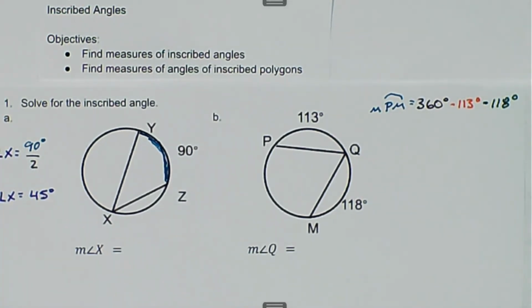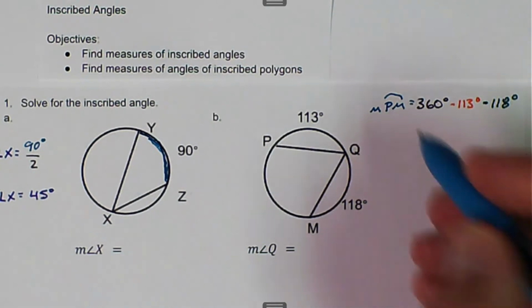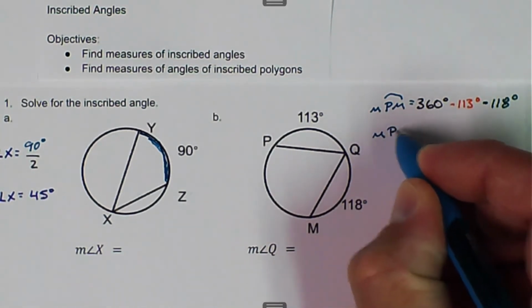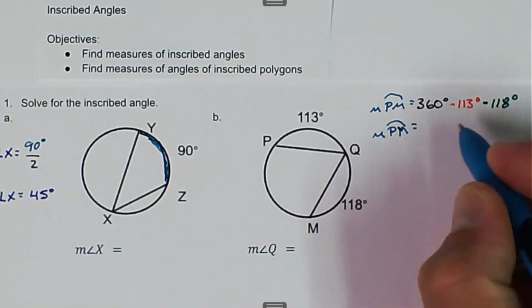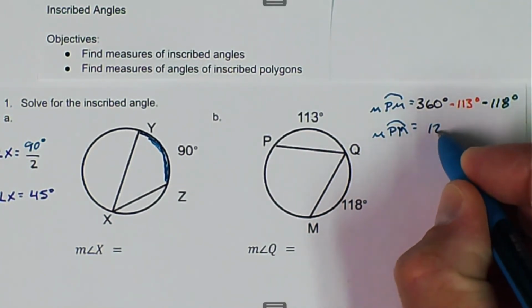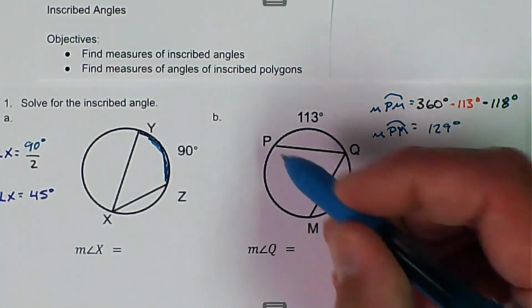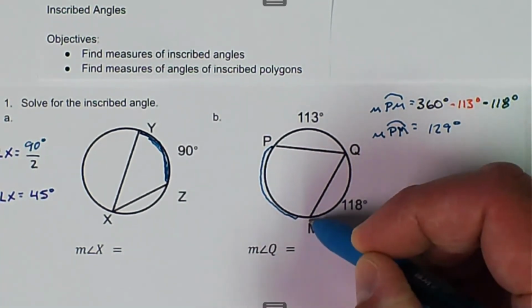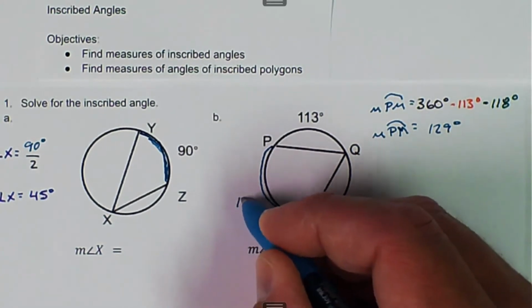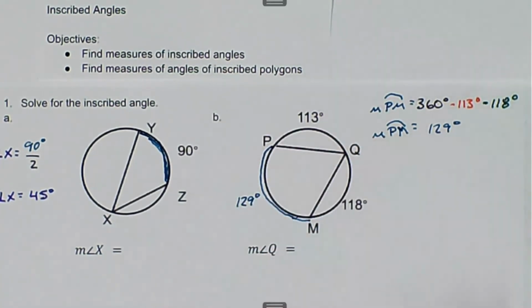We can use our calculator for that, and then we get the measure of arc PM is equal to 129 degrees. So that's arc PM right here is going to be 129 degrees.